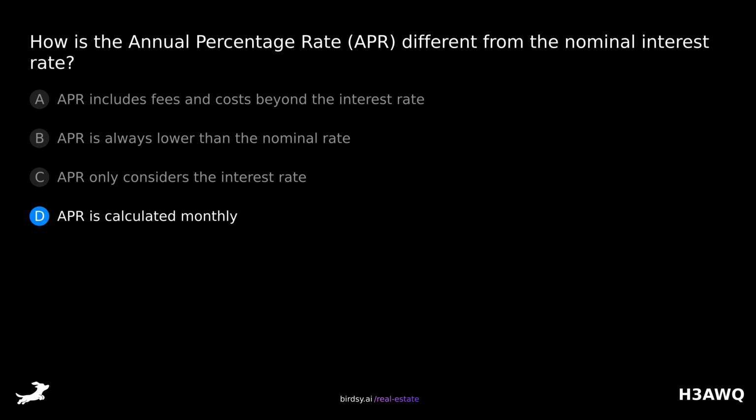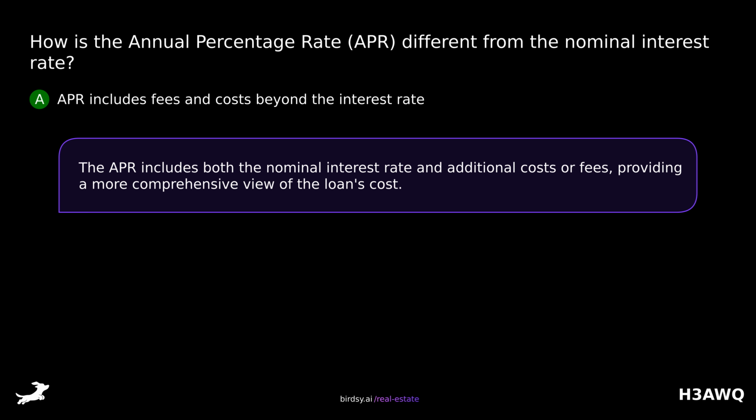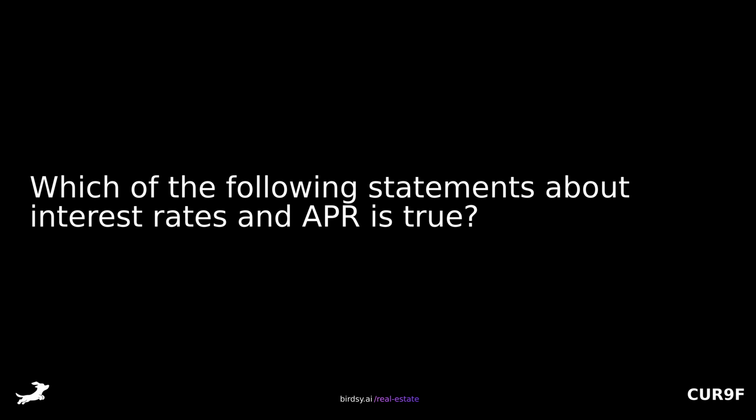Or D, APR is calculated monthly? The correct answer is A. APR includes fees and costs beyond the interest rate. The APR includes both the nominal interest rate and additional costs or fees, providing a more comprehensive view of the loan's cost.